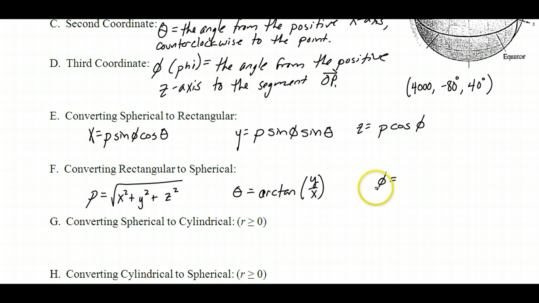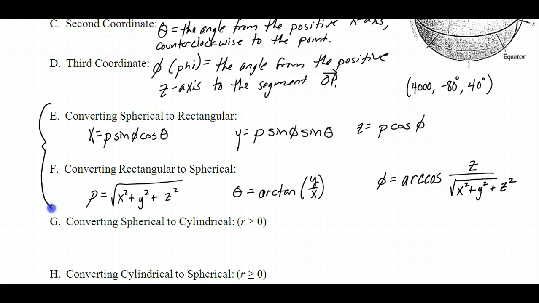And then phi, just to make things difficult, is kind of ugly: it's arc cosine of z divided by rho. Rho is the square root of x squared plus y squared plus z squared. And truthfully, these are the only conversions.